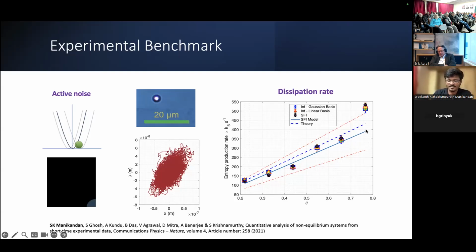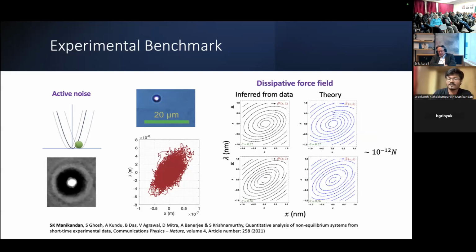Not only that, this method also reproduces the dissipative force fields pretty well. So here on the left-hand side, you see the dissipative force field that is inferred from data using this machine learning algorithm. And on the right-hand side, you see the dissipative force field that is predicted by theory. And they agree very well to nanometer resolution, of course, and piconewton values.